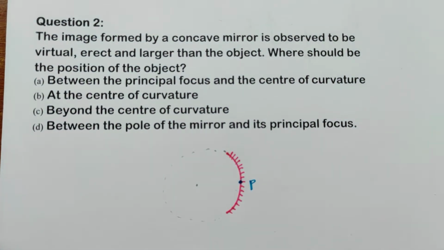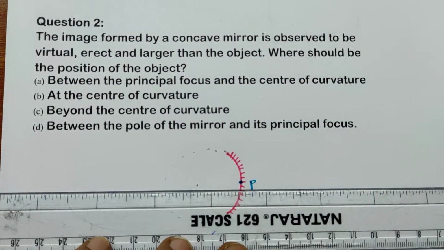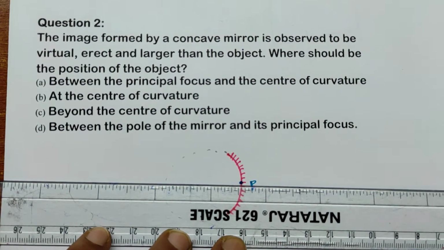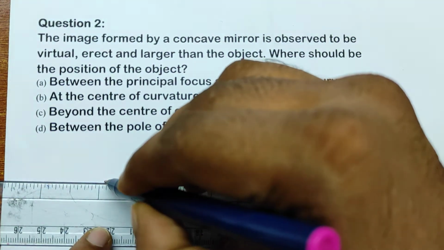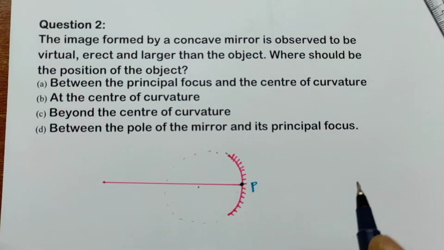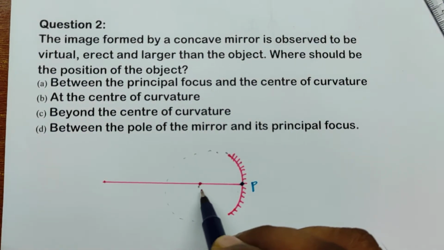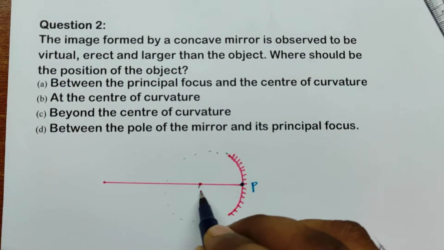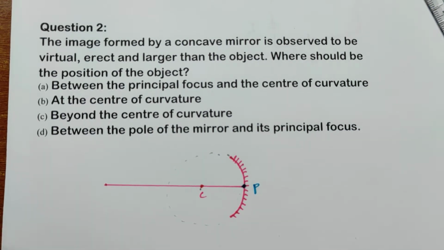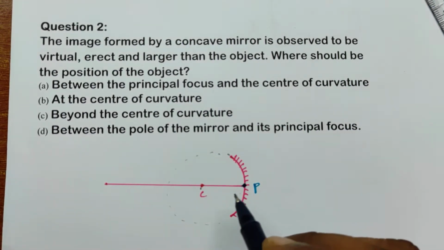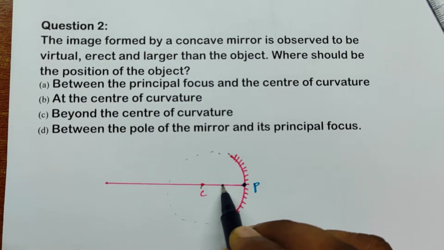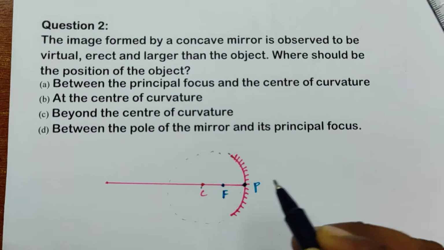The line which joins the center of the sphere and the pole we call the principal axis. This is the center of the sphere, the center of curvature, C. And we have the focus, which is exactly the midpoint of C and P, and here we have this focus F.